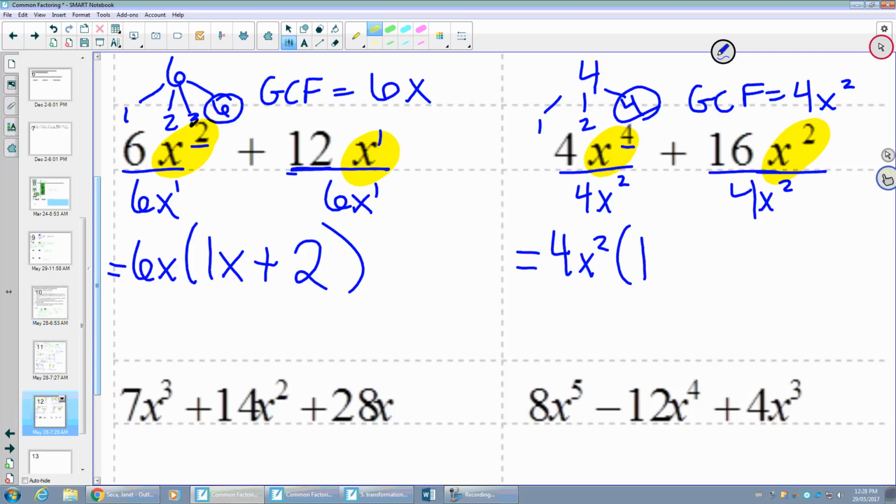I have an x4 and x2, which gives me x2 when I subtract those exponents, plus 16 divided by 4 gives me 4. X squared cancels out, so I'm just left with plus 4. Hopefully you got that right.